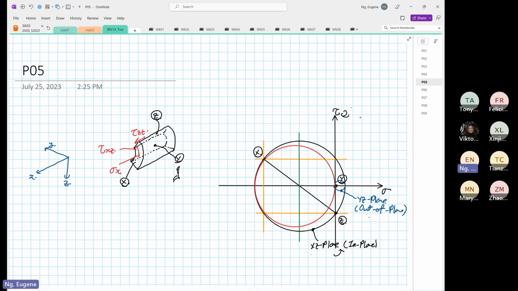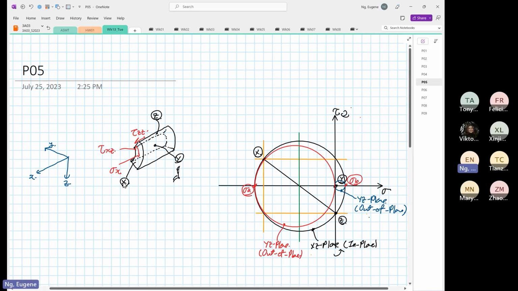This belongs to our XY plane. Okay, this is our outer plane again. And over here, this is our stress A. And over here, this is our stress B.